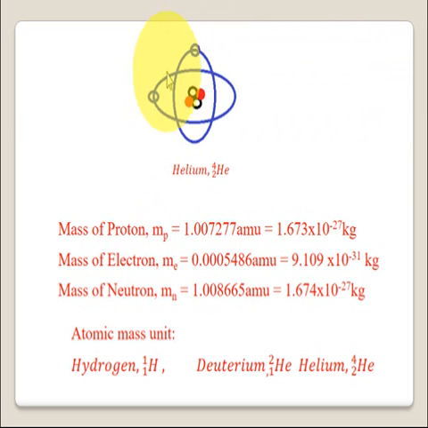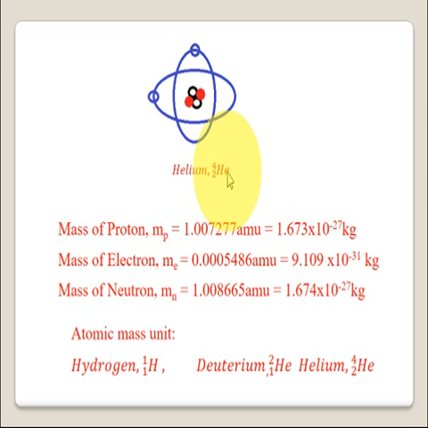The number of electrons is equal to the number of protons, and electrons are negatively charged, protons are positively charged, but the charges on proton and electron are equal. In this atom there are two protons, so the atomic number is 2, and 4 is the protons plus neutrons, so this is the mass number.